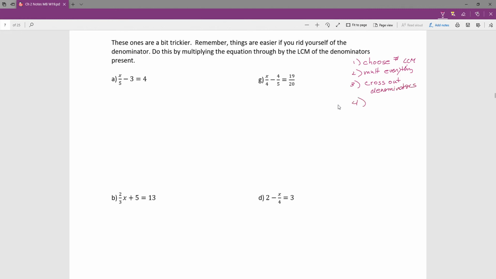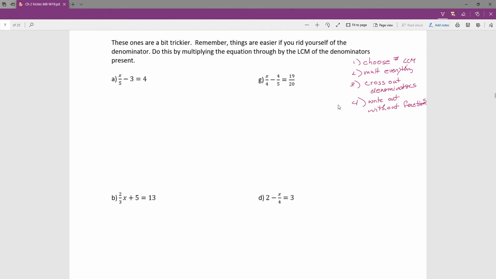And then 4, write everything without fractions. So write it all above board. So write it out without fractions. And then you can carry on in the way that we've been solving these ones.